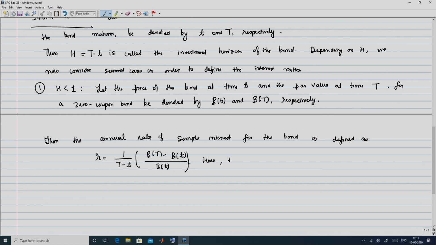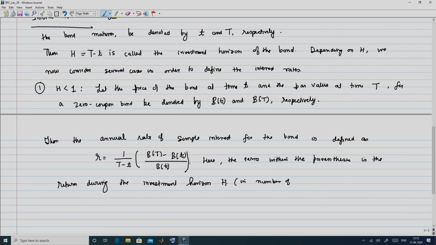So, here the term within the parenthesis is the return during the investment horizon H, in number of years, of the investor.